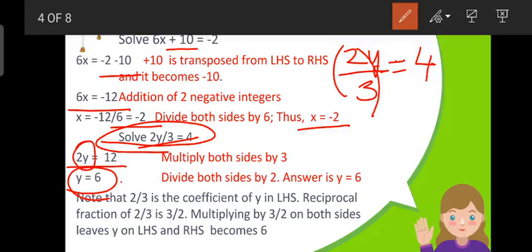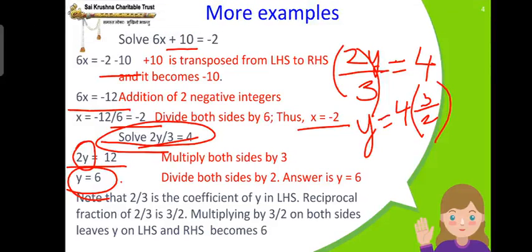So when you have to remove this, you have to multiply by 3 by 2, then it gets cancelled. So here it becomes 4 into 3 divided by 2. So y is equals to 4 into 3 divided by 2. Is it clear, children? When you solve it, the answer becomes 6.